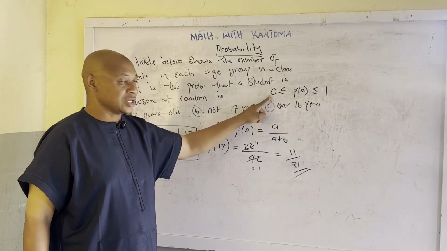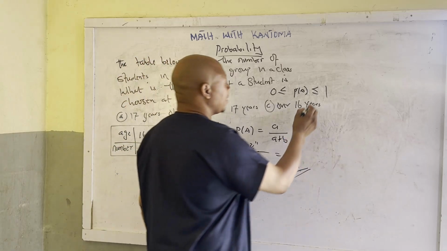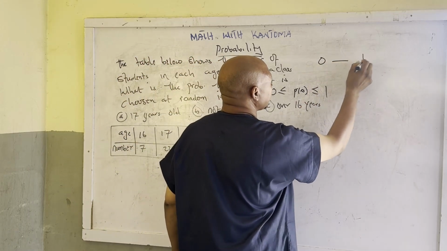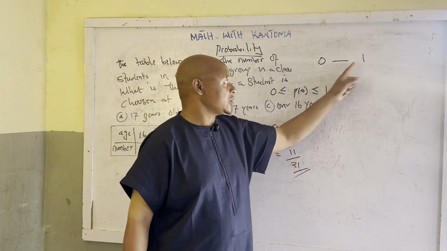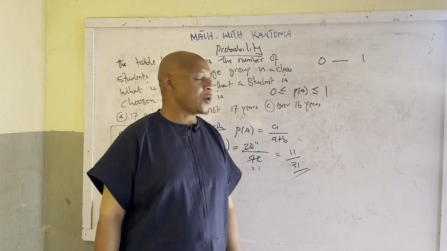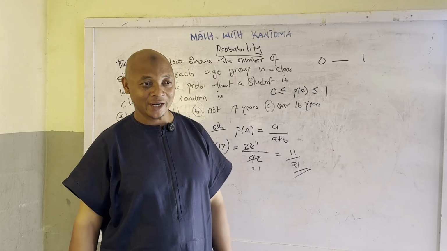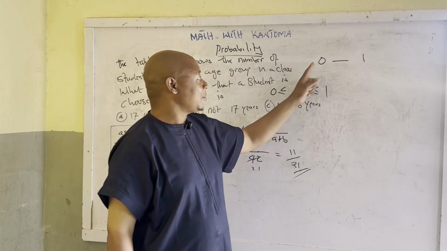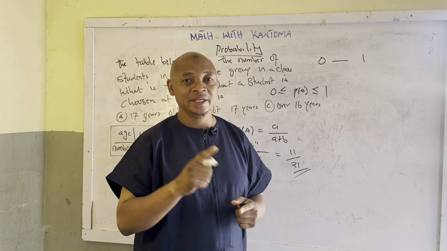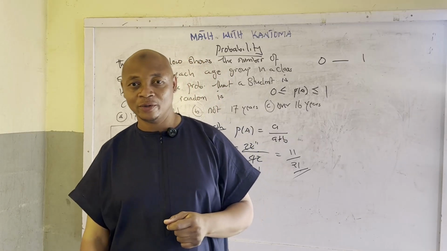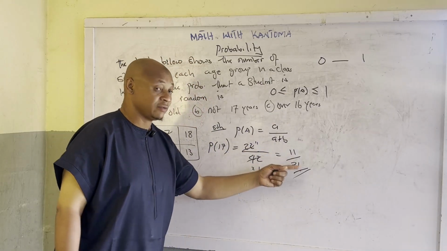It can never be less than 0, but it can be less than 1. Any number from 0 to 1, there are infinitely many numbers between this range, uncountable numbers, we cannot count them. We will prove that in some other class, that between two real numbers there are infinitely many numbers. So this satisfies the first axiom.